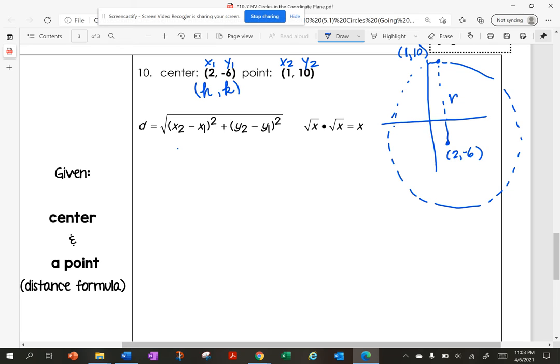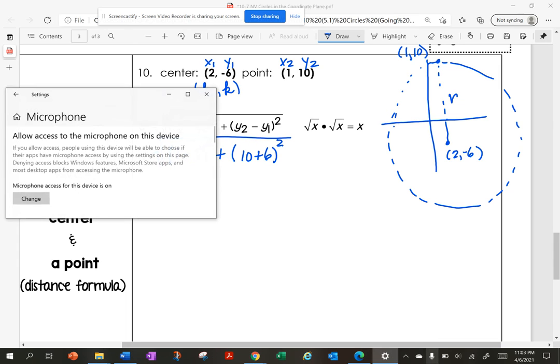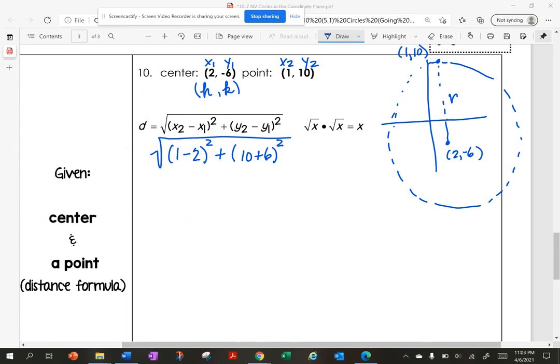So x2 is 1 minus 2 quantity squared plus 10 minus -6. So that's 10 plus 6 quantity squared. Oops. So when I put this in my calculator, this is going to be the square root of 257. So this is what my distance is, which is my radius.